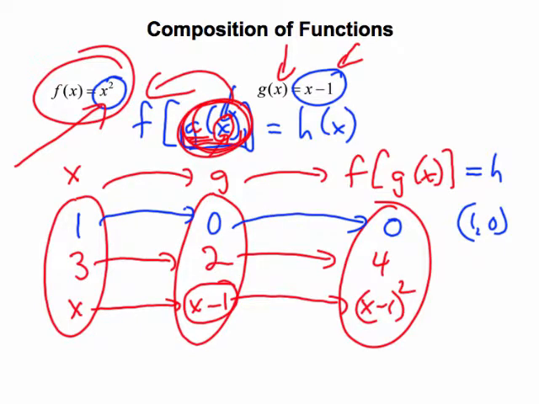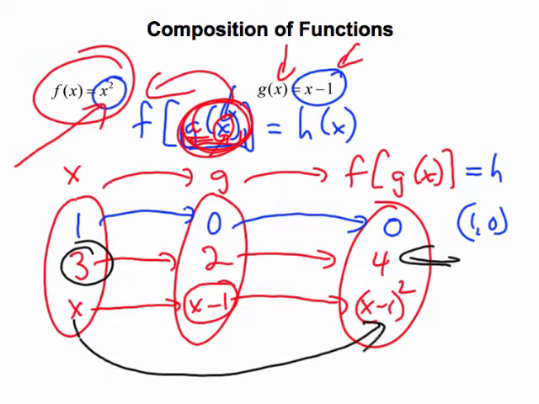And you'll notice that if you do it with a formula, then for any value of x it works. For example, to check that 4 is correct for 3, I could put my 3 directly in here. 3 minus 1 is 2, squared, and yes, I do get 4.